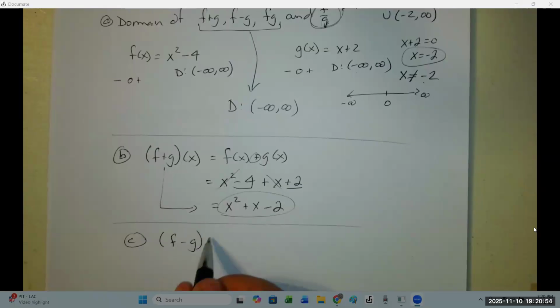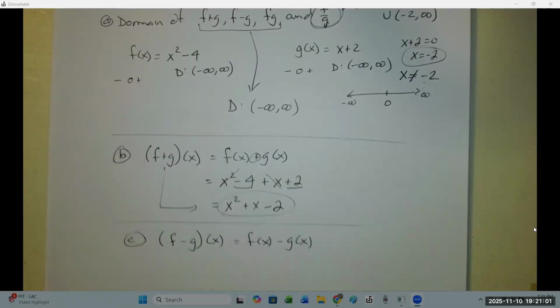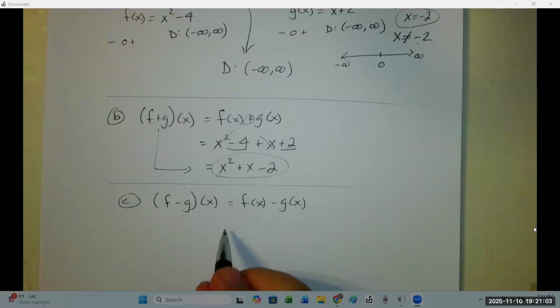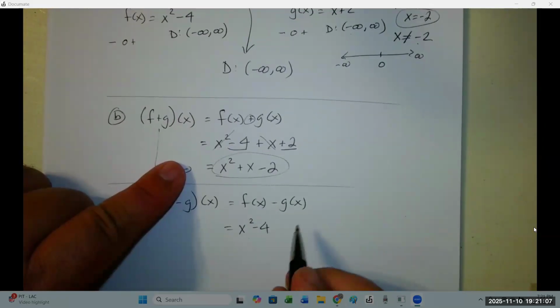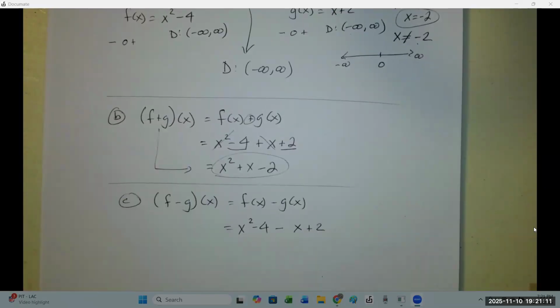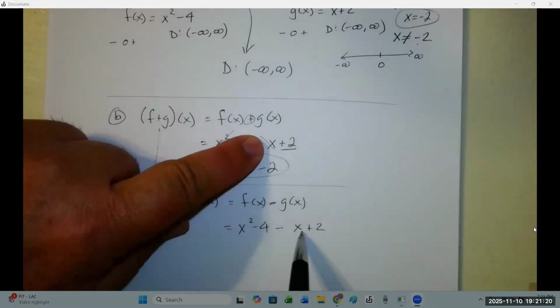F minus g of x, which is f of x minus g of x. F of x was x squared minus 4, minus x plus 2. Problem: whenever there's a minus between there, all this used to be x plus 2, and all it changes is negative.